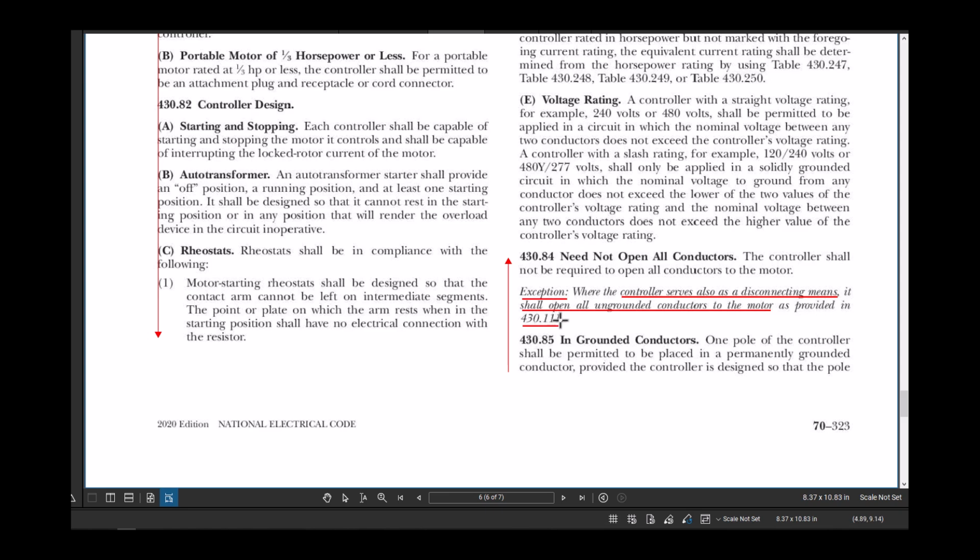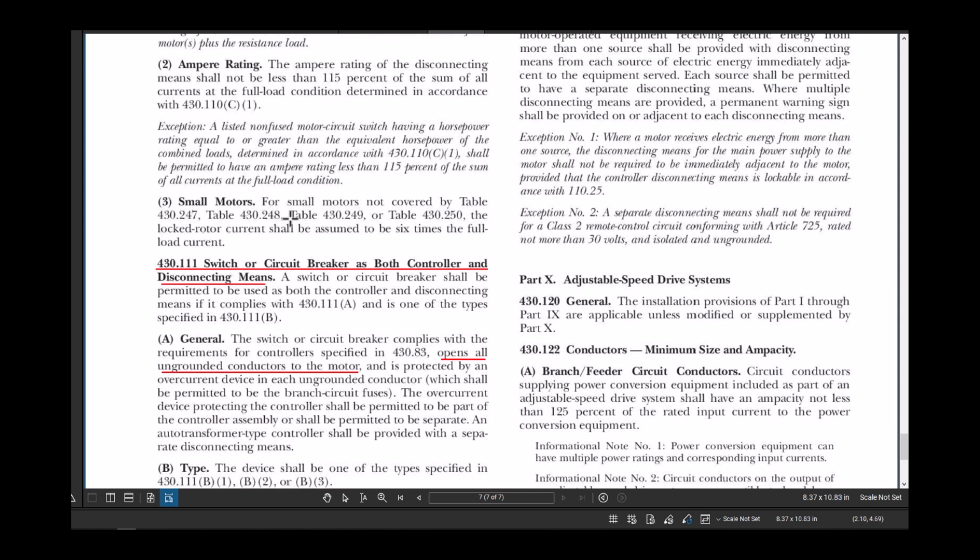430.111. In case you missed this one, if you go to this part, 430.111, you get to this point, which is switch or circuit breaker as both controller and disconnecting means.